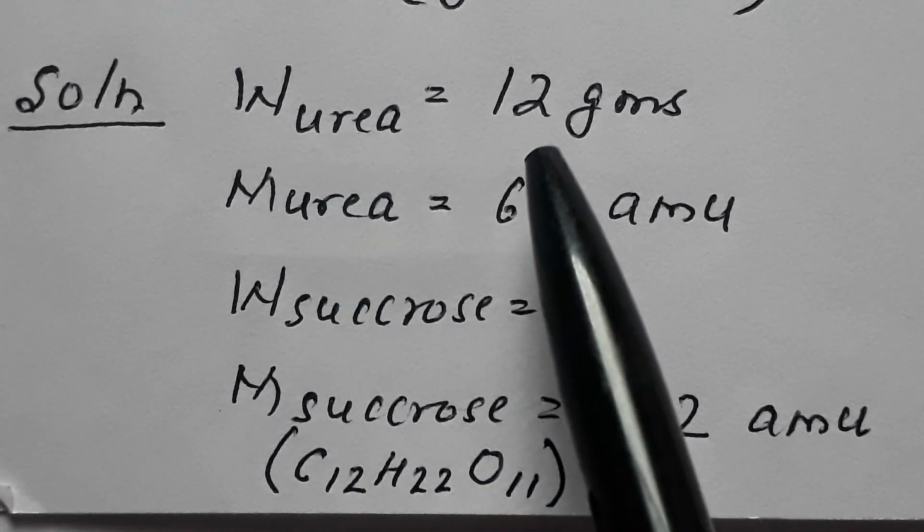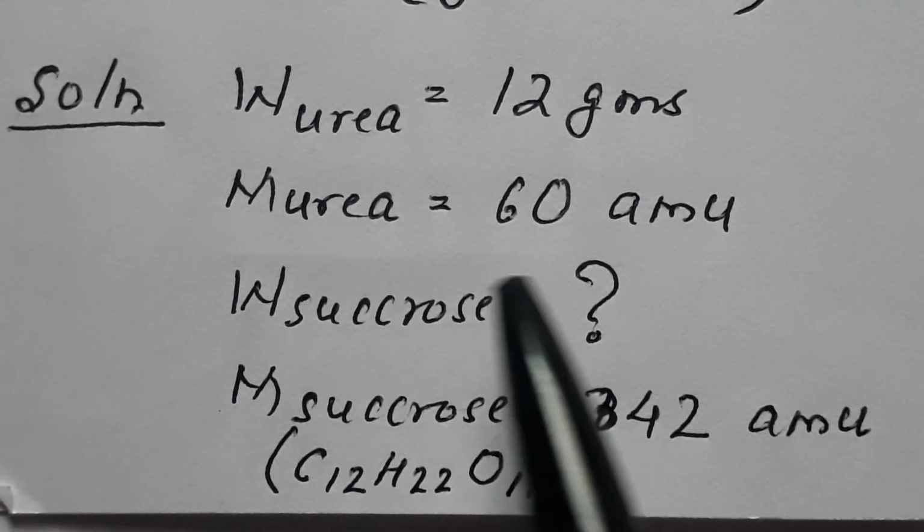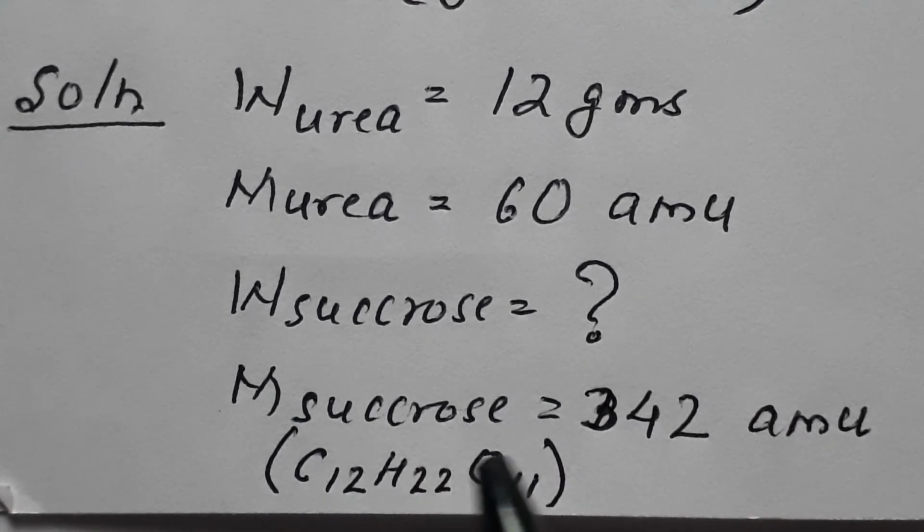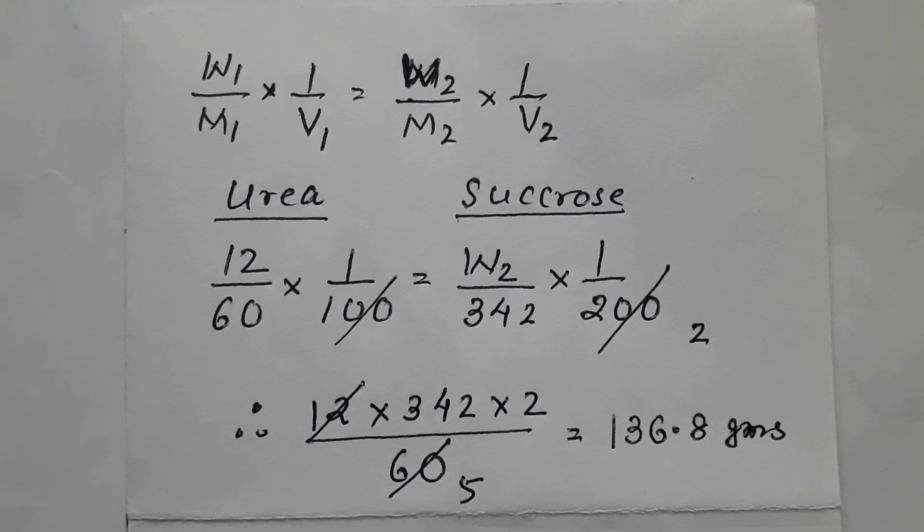By substituting these values into this equation, we can find out the weight of sucrose that should be present. Since the two solutions are isotonic, the equation related to the isotonic point can be applied.